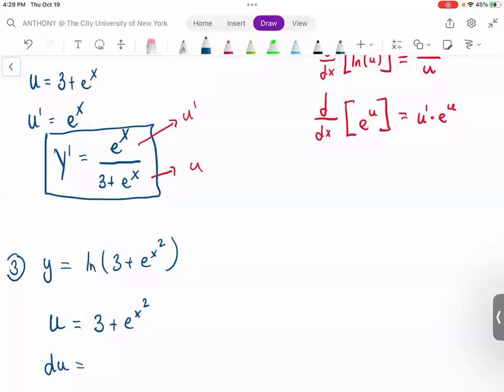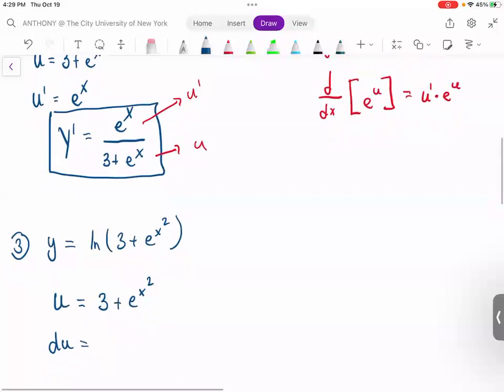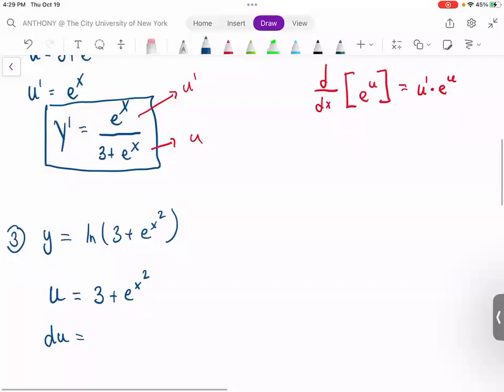So my du here is going to be, I'll use this notation. If I apply my chain rule to the right, I'll just use a different letter. We'll have e to the v times v prime. So I'm letting this x squared be my v.